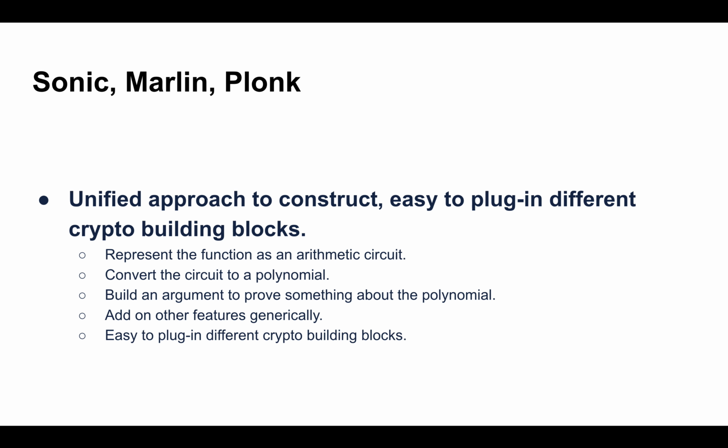Then we can build an argument to prove something about the polynomial and reveal some special point on the polynomial. If we need some new features, we can add on other features generically based on such a polynomial commitment construction. If we have a unified approach, then we can easily plug in different crypto building blocks. So this is an advantage of this line of research and these three potential candidates.